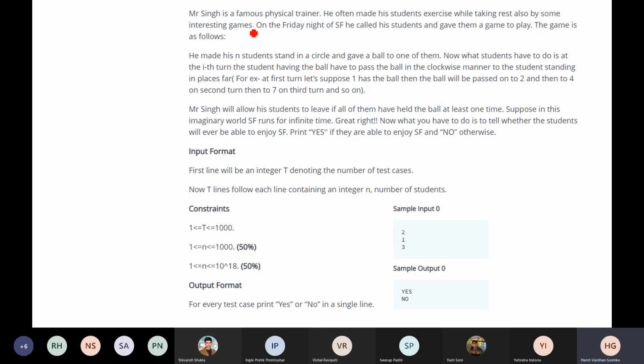Rather than reading the whole question, let me explain what this question means. There are n people sitting in a circle, numbered up to n. Initially I am at position 1.